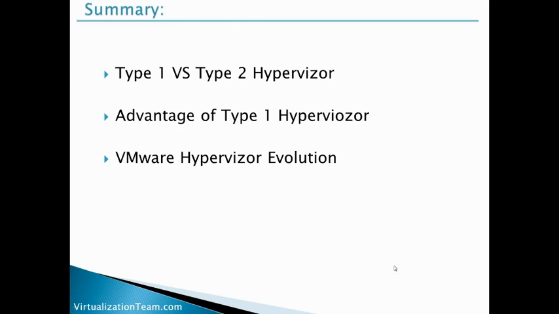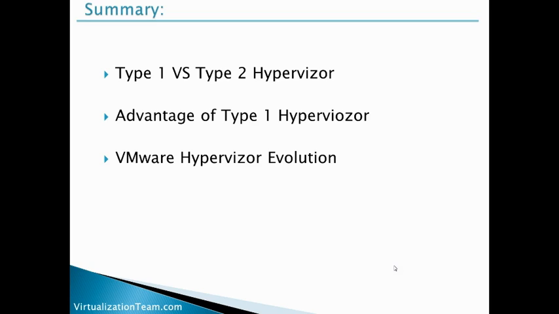So, summary, what you should have learned from this lesson: the difference between type 1 and type 2 hypervisors. Type 1 is a non-hosted hypervisor, type 2 is a hosted hypervisor. In type 2 you require an operating system to sit below it, managing the scheduling and the hardware, whereas type 1 is directly bare metal, managing the hardware on its own.